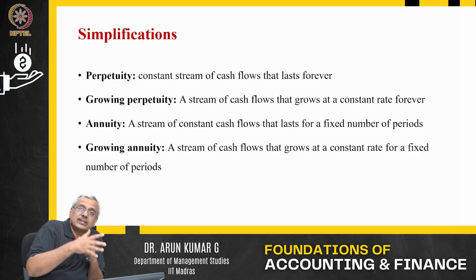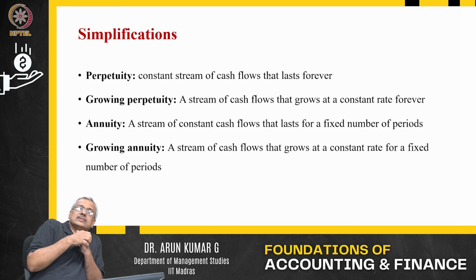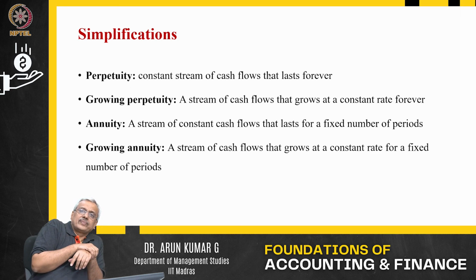Now why do we need all this? Supposing I say that you are going to get 10,000 rupees every year for the next 5 years, constant. You need to know how much you have to invest as of today.